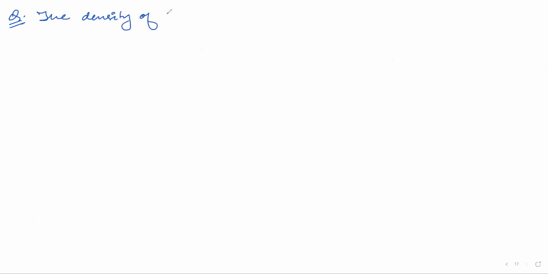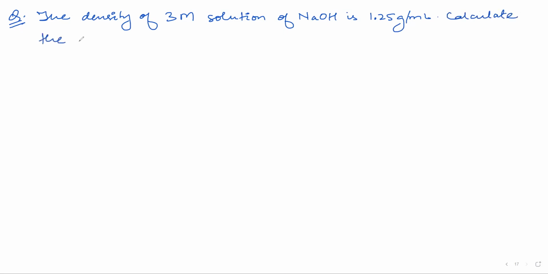The density of 3 molar solution of NaOH is 1.25 gram per ml. Calculate the molality of the solution.